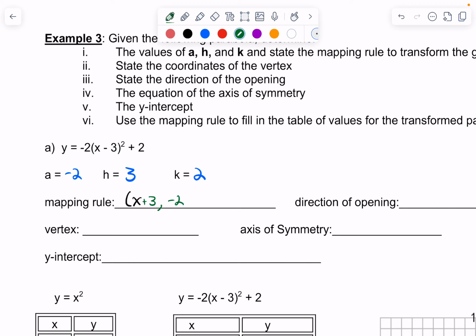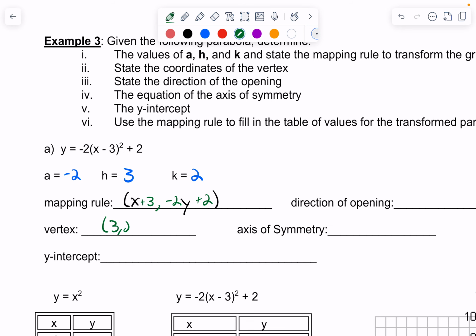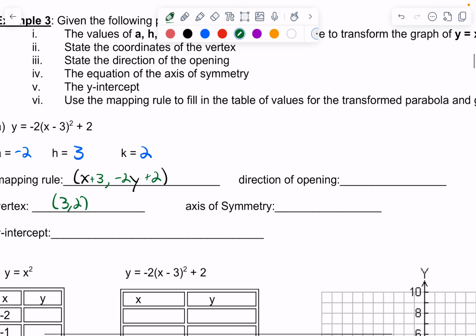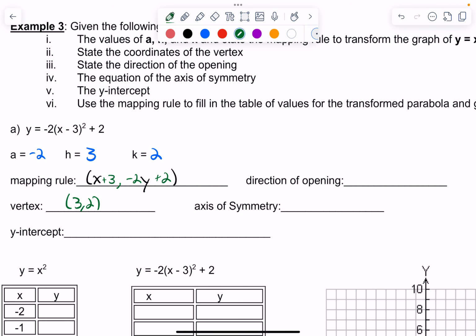Minus 2y plus 2. There's your mapping rule. Your vertex is at the coordinates h and k, so 3, 2. The direction of opening, well, in this case, our a has a negative value. So if the a is negative, that means we're going down.